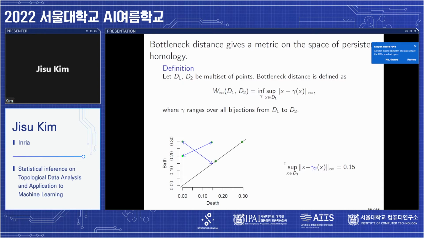You do this for all possible bijections from one persistent homology to the other, and then you take the infimum. Here the infimum is coming from the matching that corresponds this point to this point and this point to this point, and that distance was 0.1. So now the 0.1 is the bottleneck distance between these two persistence diagrams.